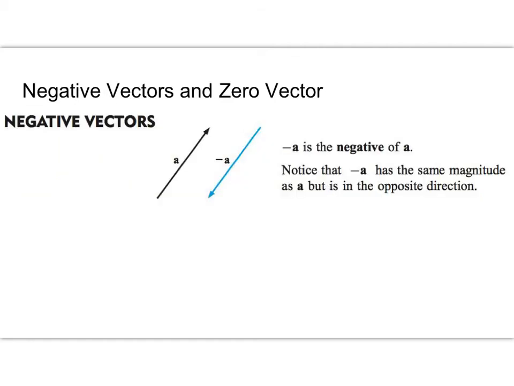In the last video, we talked about negative vectors. I'm just going to remind you that my vector a here is the same length as negative a, and it's parallel to negative a. The only difference between a and negative a is this arrowhead.